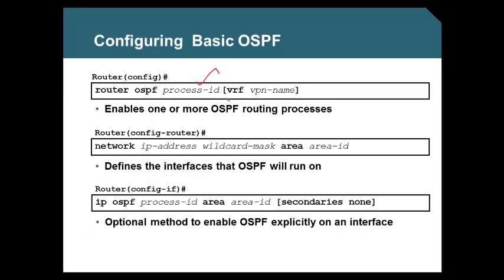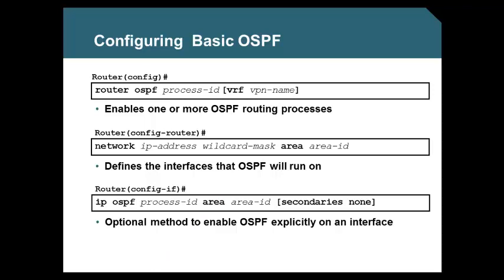Now, I was giving you an example with multiple customers. To keep the routing tables separate, we'll need VRF. So we will not focus on this now. We'll come to it later when we are in the MPLS class.